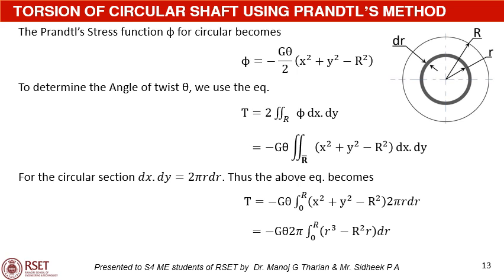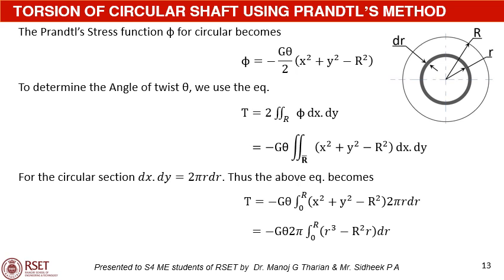Consider the cross section shown in the figure. The area of the annular region shaded is given by 2 pi r into dr. If we integrate this expression from small r equal to 0 to small r equal to capital R, it will cover the entire cross-sectional region R bar.